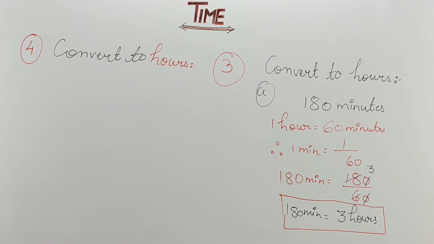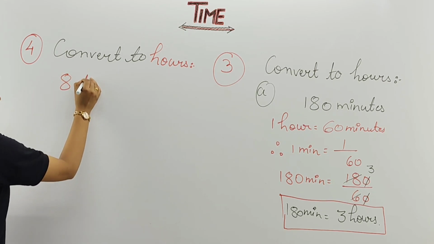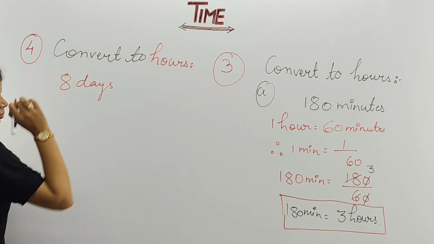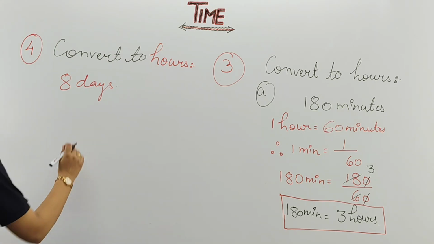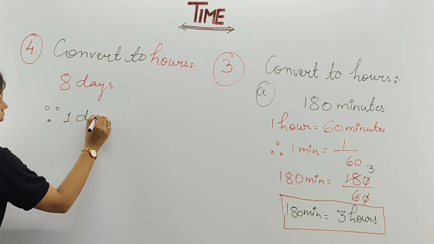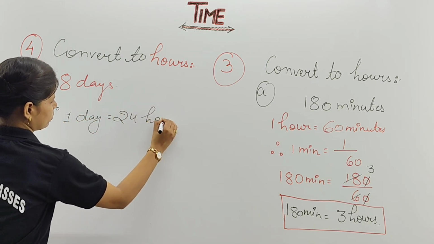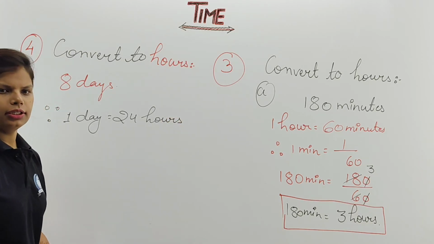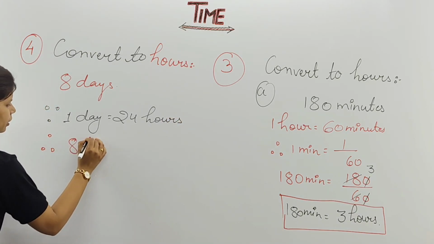Convert to hours. Like you know already, 1 day equal to how many hours? 24 hours. So here you are having 8 days, and you have to convert the days into hours. Since 1 day equal to 24 hours. Clear? Therefore, 8 days equal to what?